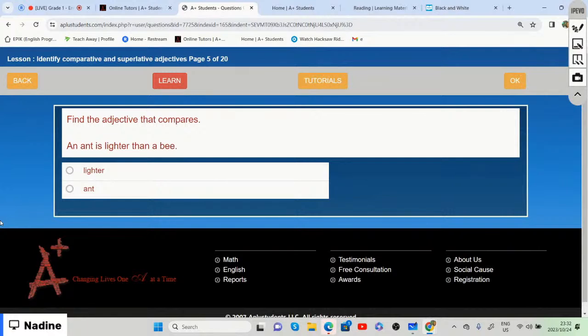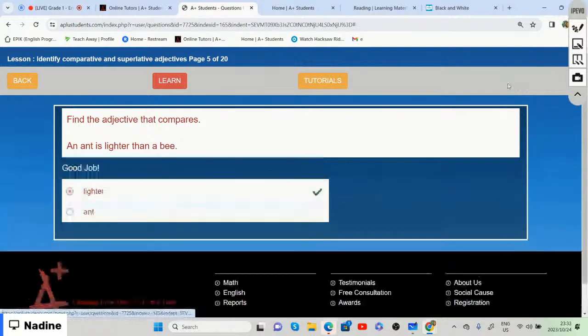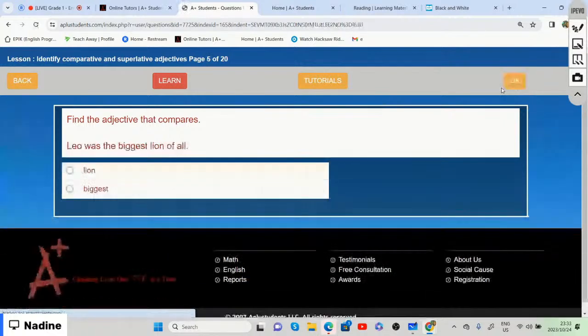All right, so if we select the adjective that compares, we can say it is lighter, right? And since an ant is smaller, it is lighter than a bee. It also ends in er, which means that this is a comparative adjective. It compares how light the ant is to the bee. So lighter is correct. Well done.